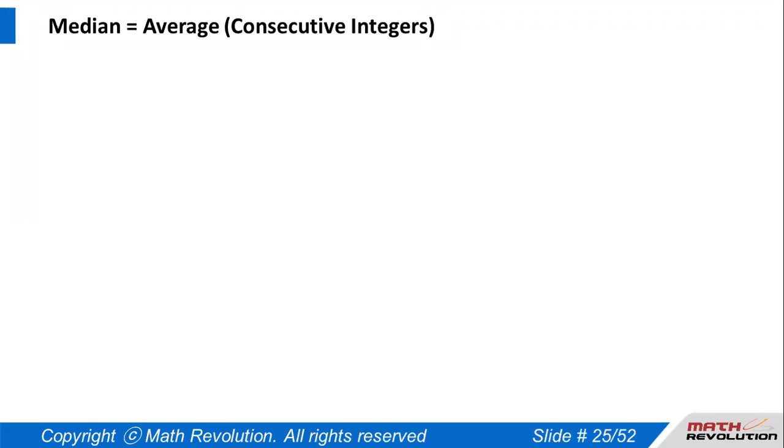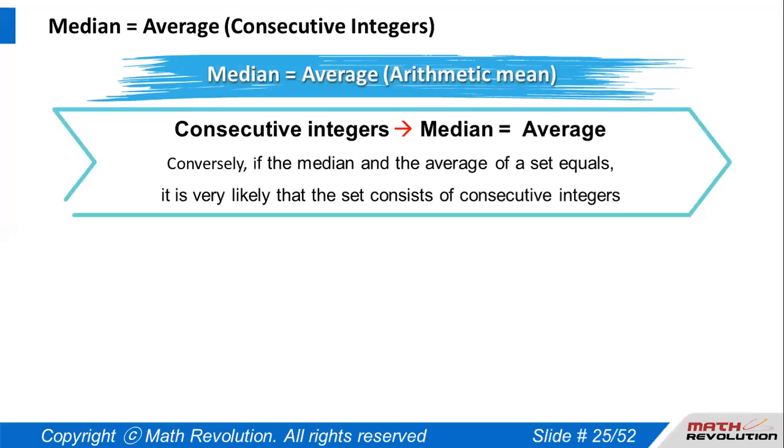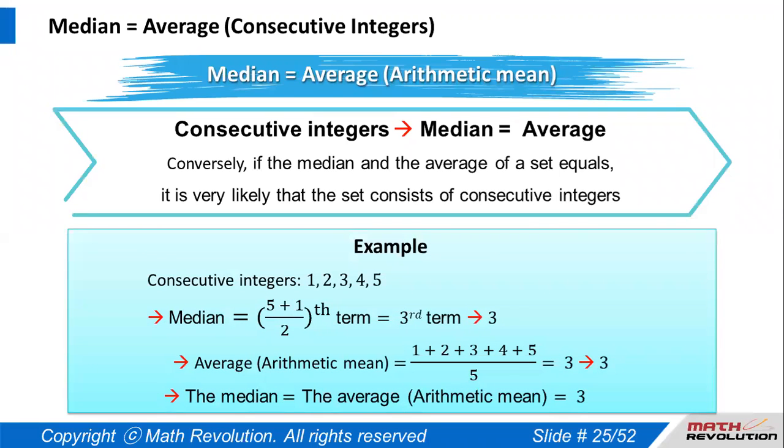If you're trying to find the mean of consecutive integers, rather than adding up all and dividing by the total numbers, I'll simply say find the median, because the median and mean, or average, are always the same when there happen to be consecutive integers. So this is one of the properties, like 1, 2, 3, 4, 5.